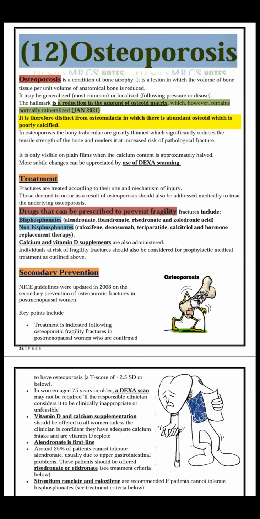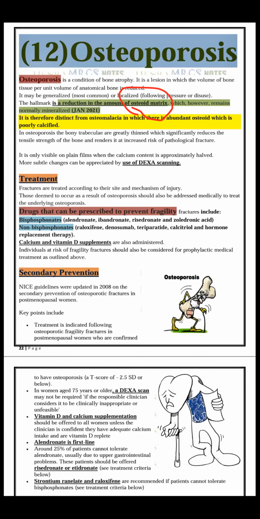So reduced mineralization is a feature of osteomalacia, not osteoporosis, because in osteoporosis you have normal bone, normal mineralization, normal calcium, and a reduced amount of the osteoid matrix. So this is the difference between osteoporosis and osteomalacia.